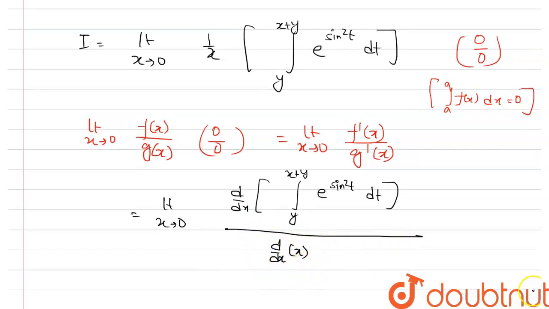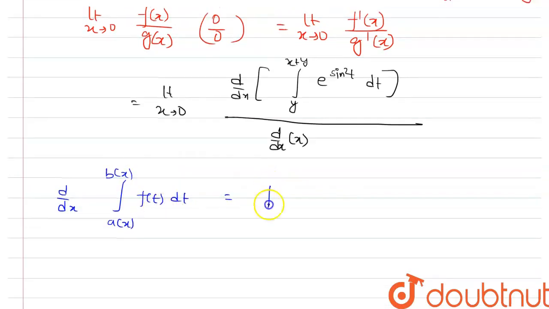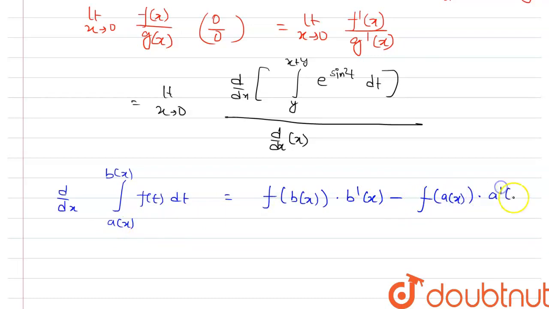Now ddx of x will be equals to 1, and we will differentiate this integral using Leibniz integral rule, which says that ddx of integral ax to bx ft dt is equals to f of the upper limit of the integral, that is f of bx, into b dash x minus f of the lower limit of the integral, that is ax, into a dash x.